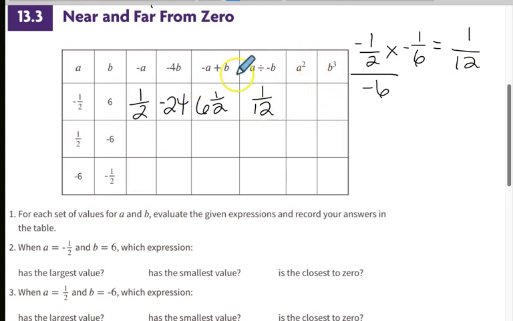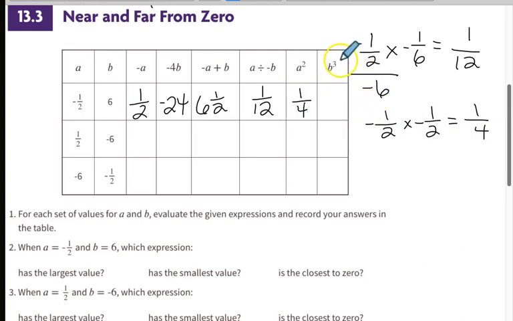A squared. Well, A is negative 1/2. And the squared means to write the number this many times and multiply it. So I'm going to write negative 1/2 twice, and then I'm going to multiply it. 1 times 1 equals 1, 2 times 2 equals 4. Negative times a negative is a positive. So 1/4 is my answer here.